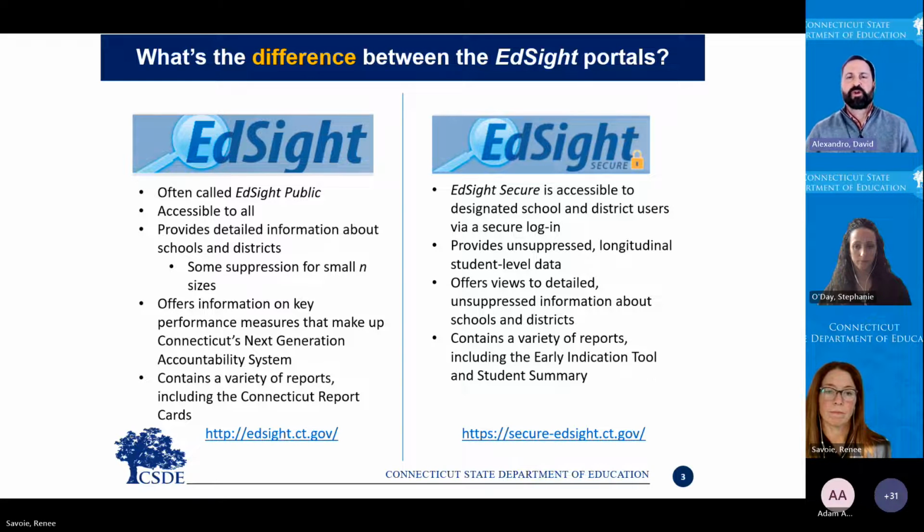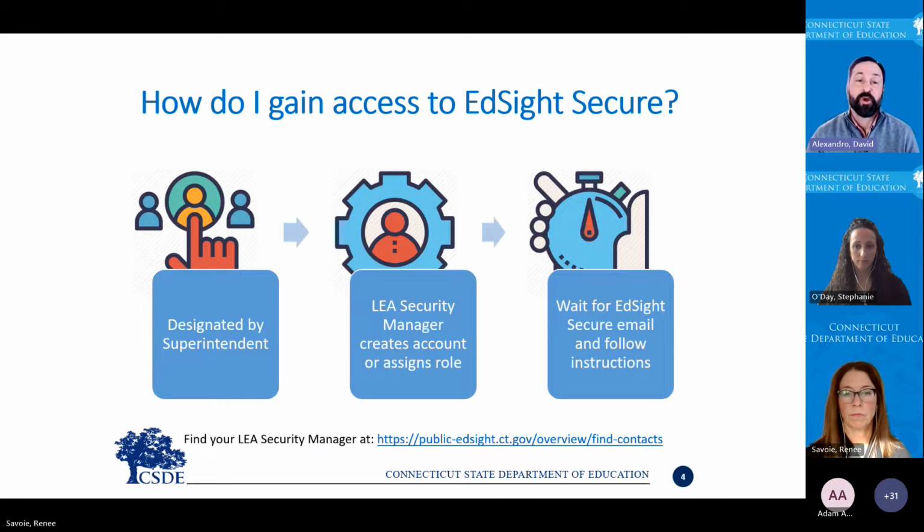So the next slide is just for those users who don't currently have access to Secure. As I mentioned, the superintendent is the person who designates which people in the district or school should have access to the secure data.